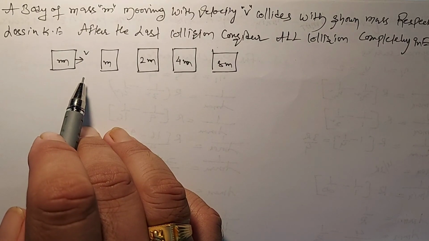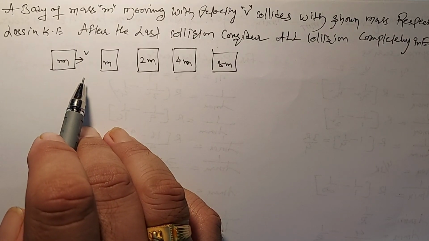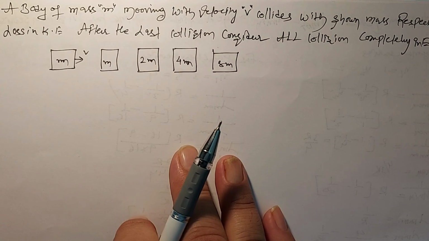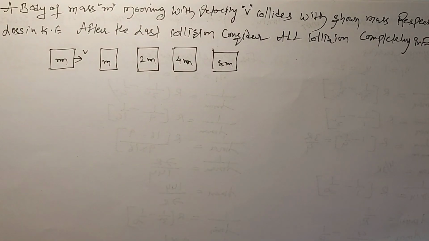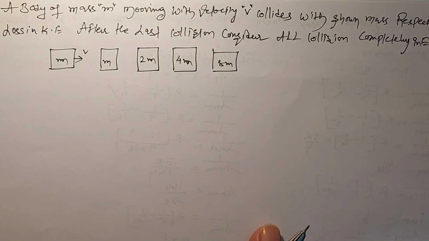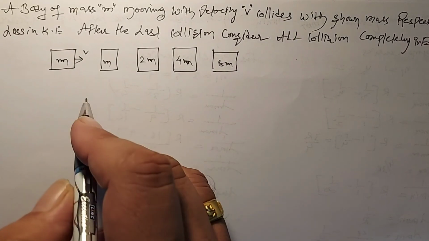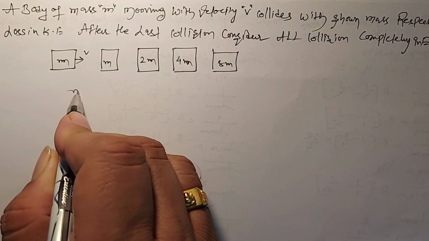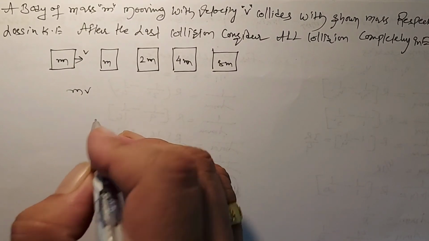So now we want to find the loss in kinetic energy after the last collision. Here the initial momentum is m into v.